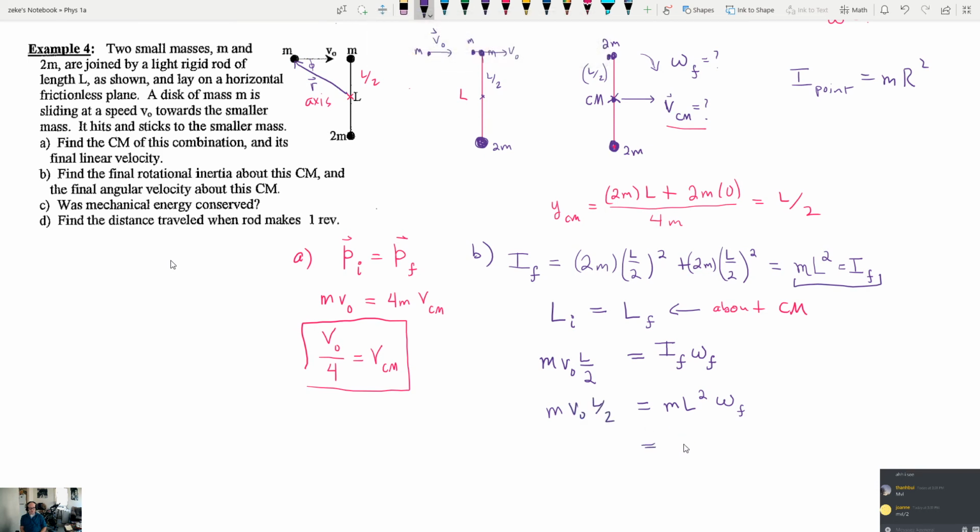So solving this for omega final, the masses cancel, and we get omega final is v naught divided by 2L, I believe. Is that right?